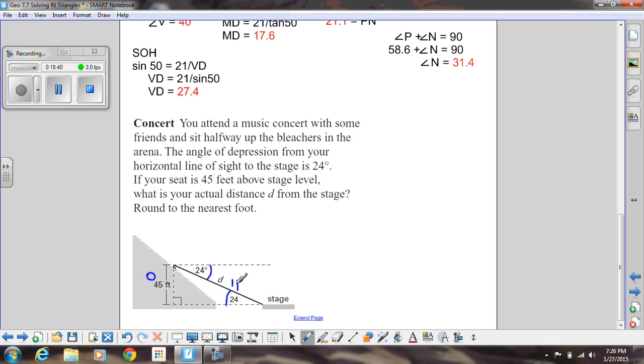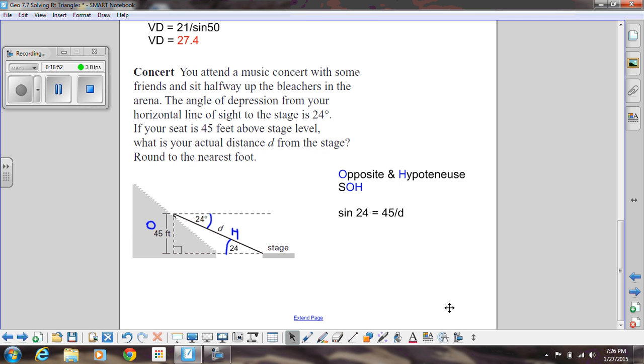So I'm dealing with OH, which is SOH. So let's use sine. We're going to do sine of 24 is equal to 45 divided by D. Again, D is in the denominator, so D is going to switch places with the sine of 24. So I'm going to get 45 divided by sine of 24, and that gives me 110.6.